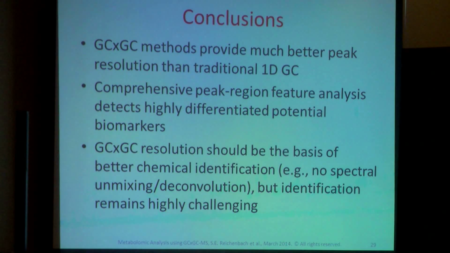One of the things that's very clear is that two-dimensional chromatography provides much better peak resolution than traditional one-dimensional chromatography. The problem of coelution is much, much smaller. The approach that we're using for peak region feature analysis is able to characterize large numbers of chromatograms with relatively limited use of peak matching.